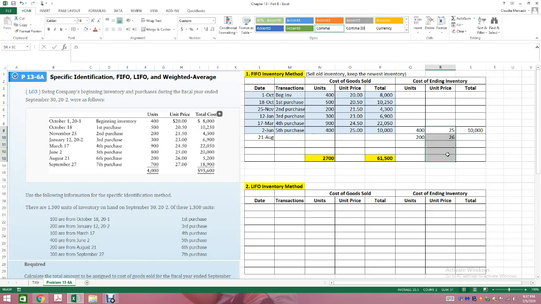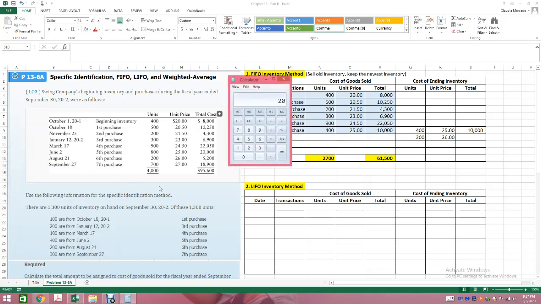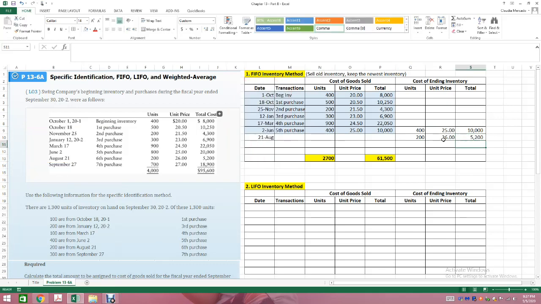And I'm going to make these like this. So that's going to give me 200 times 26. That's $5,200. And then I have September the 27th. On September the 27th, I have 700 units at $27. That's $18,900. That's it.